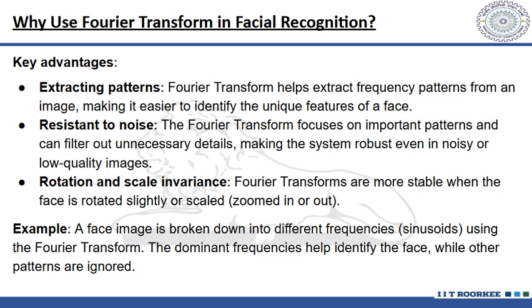It filters out irrelevant details, making the system robust even in low quality or noisy images. Third, rotation and scale invariance. It remains stable when the face is slightly rotated or resized. For example, when a face image is converted into the frequency domain, dominant frequencies can help identify the face while others are ignored.